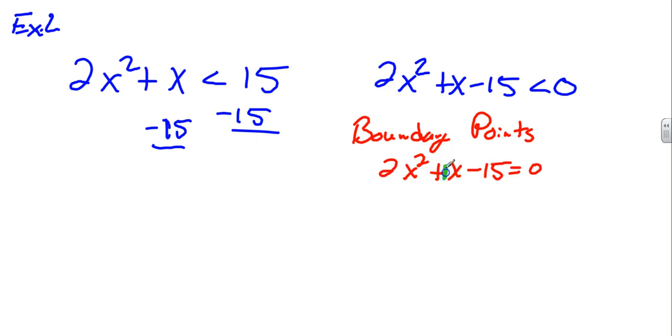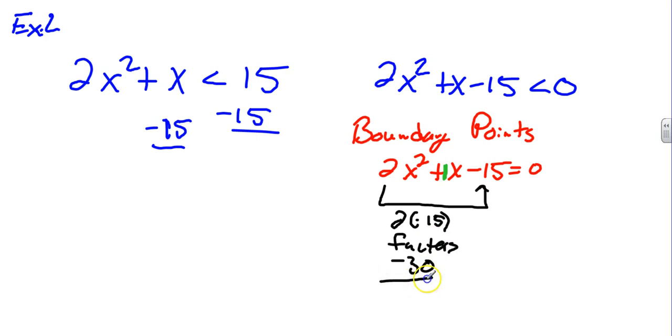Because the first number is something other than 1, that means we're going to have to do the AC method. So we're going to start by doing 2 times negative 15, so that's negative 30. So we're going to do the factors of negative 30, where the sum would equal positive 1.